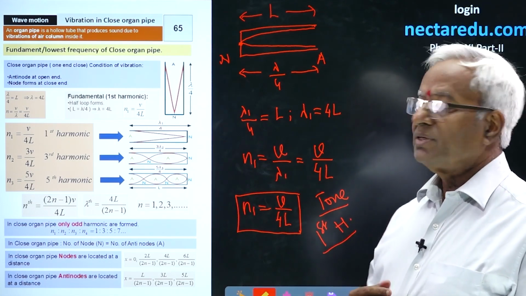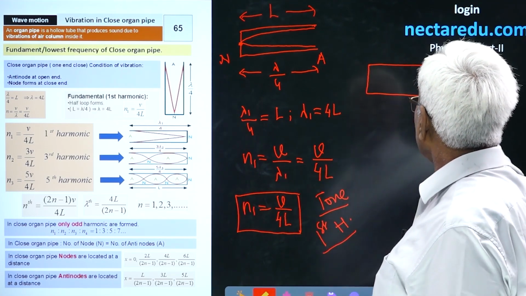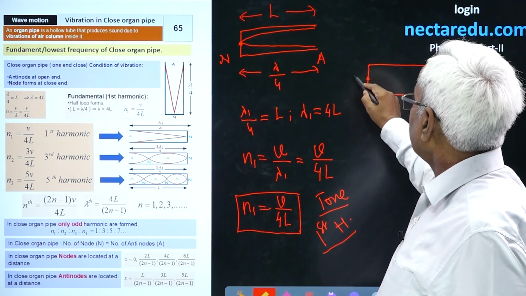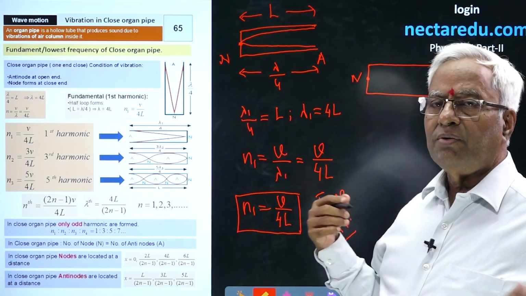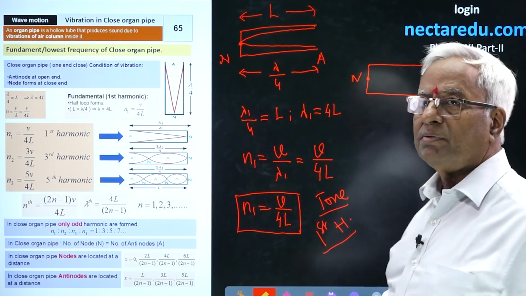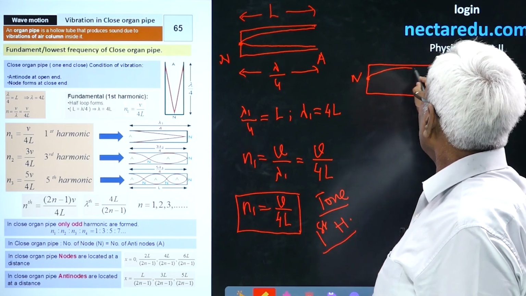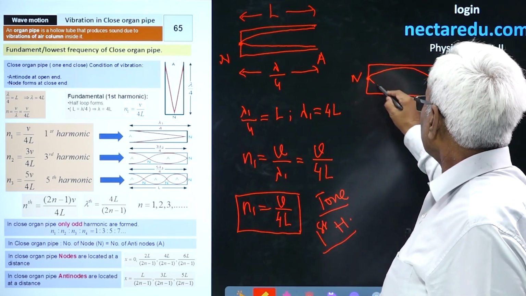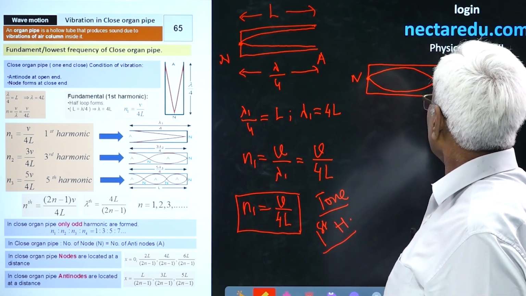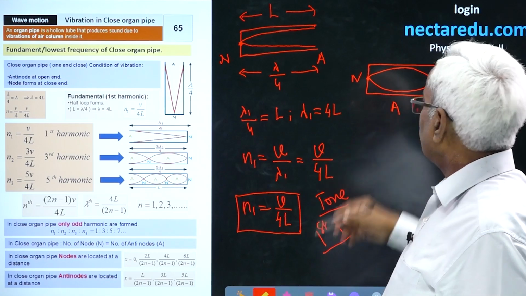Now, it is very interesting if you consider the second higher possibility. That means you have to increase one node, but you know node and antinode always increase in pair. So the case now possible is this way: this is node and one antinode.